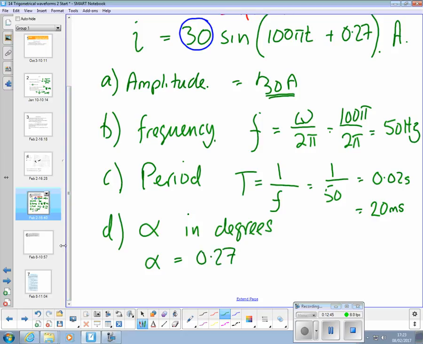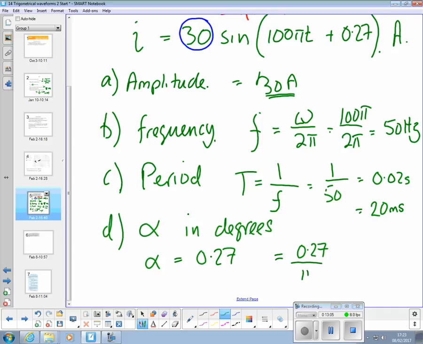How do we turn that into degrees? Over what? Someone said something about pi.